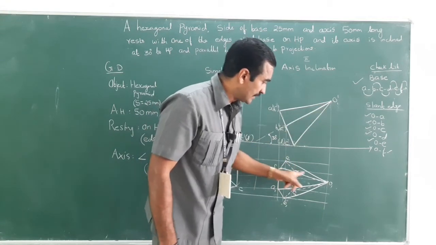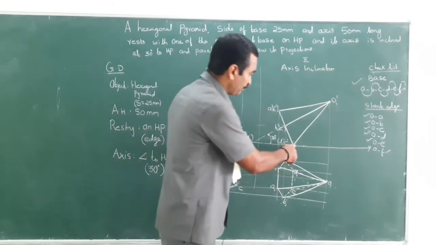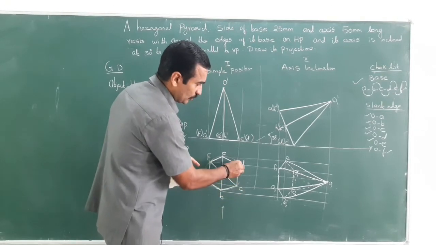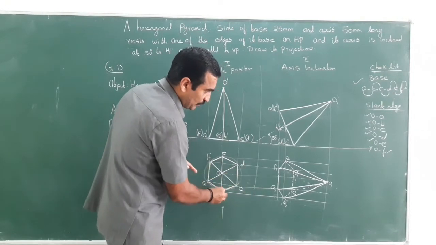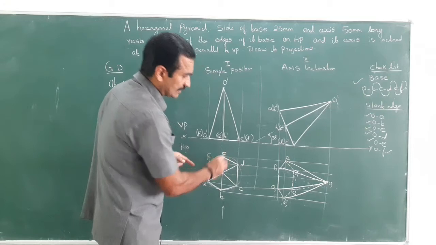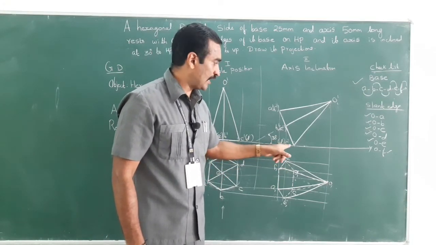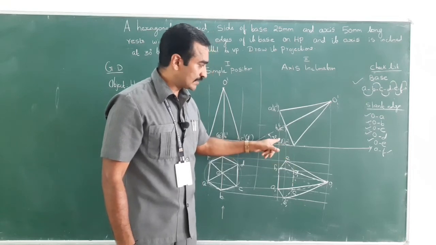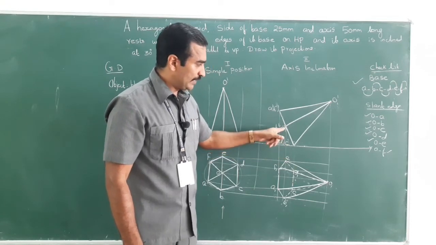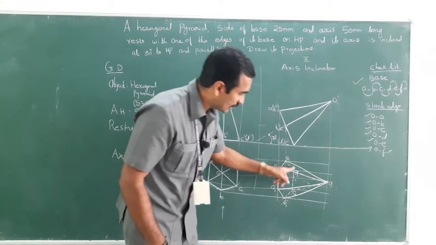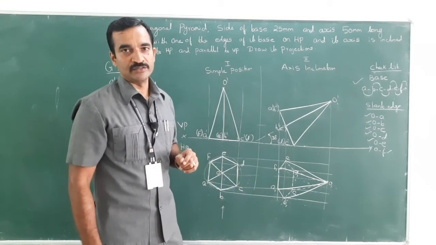D to O is invisible. And C to D is invisible. C to B is invisible. D to E is invisible. Right? This is how it is connected. C to D is connected, and C to B is connected, D to E is connected. Those are dotted lines.